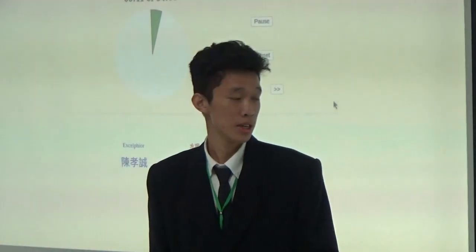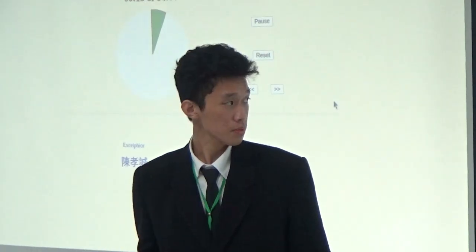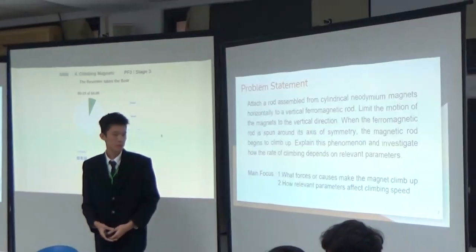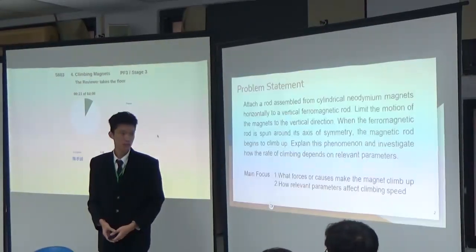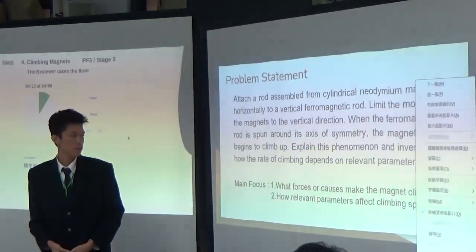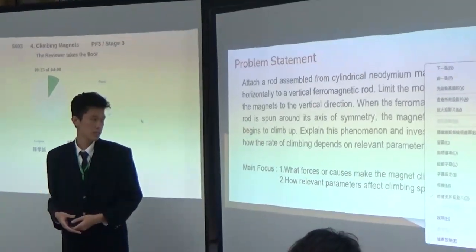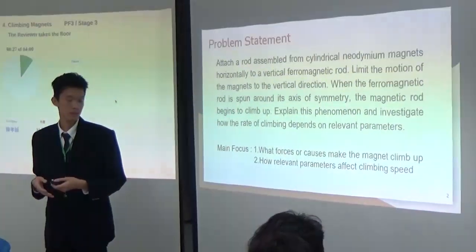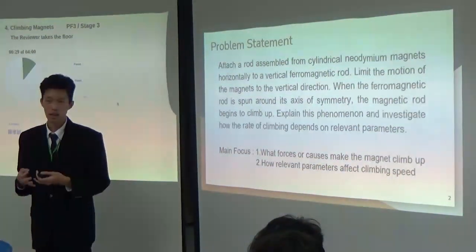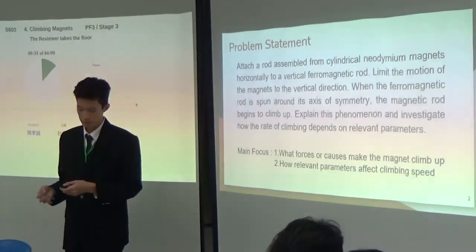Okay, so this is the reviewer from Team Mei, and today I'll be reviewing problem number 4, climbing magnets. So this is the problem statement, and the main focus of the opponent and the reporter is the reason why the magnets climb up and how relevant parameters affect the climbing rate.